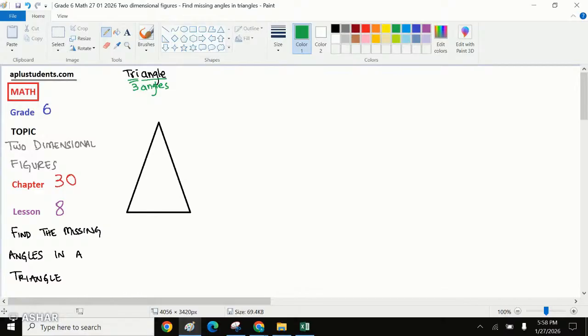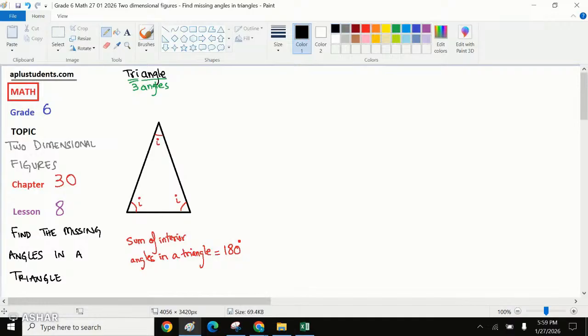The sum of the interior angles. The angle on the inside, this is interior angle, and this is interior angle, right? The sum of interior angles in a triangle is always 180 degrees.